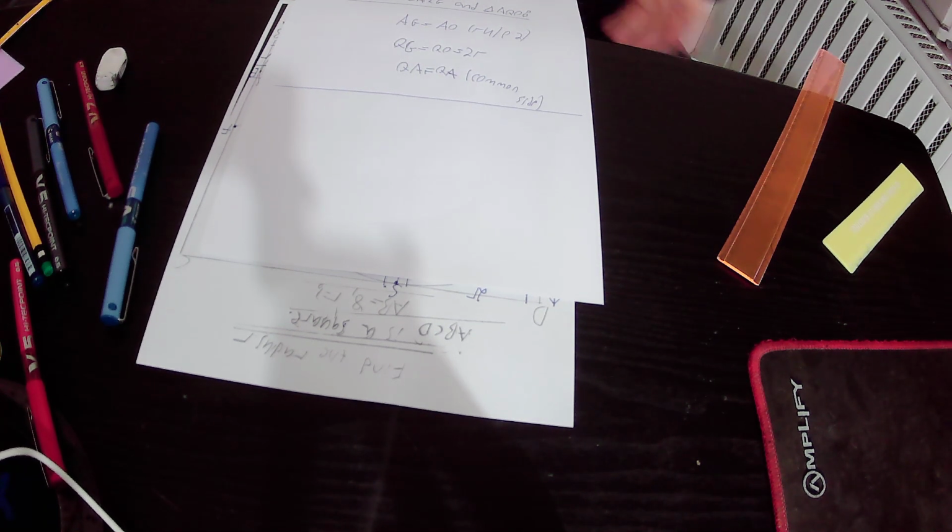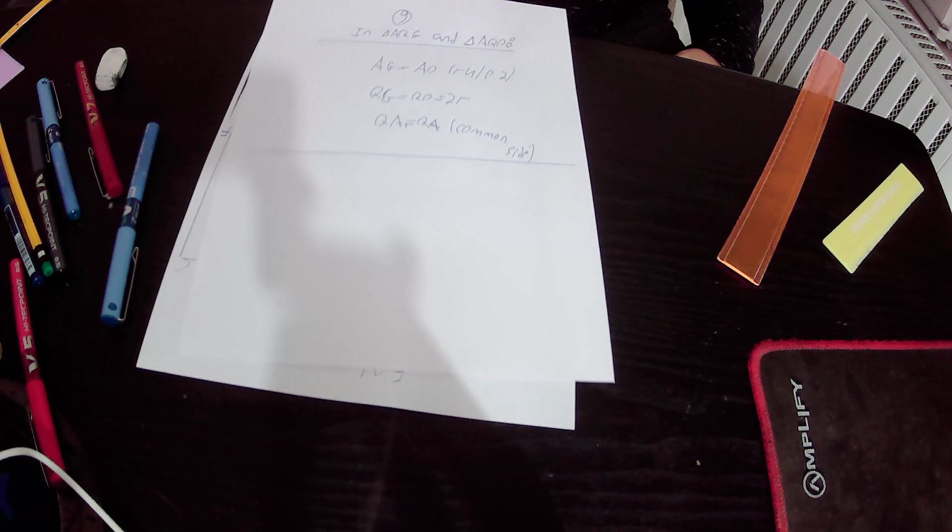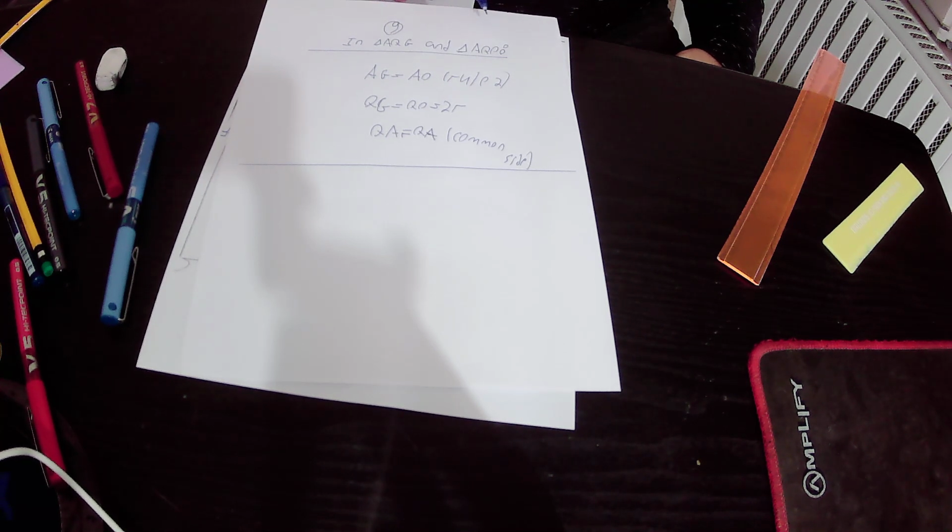Again, we actually proved that three sides of the right triangle AQG are correspondingly equal to three sides of the right triangle AQO. Therefore, those two right triangles can go into each other according to the side rule. So I'll write it down.